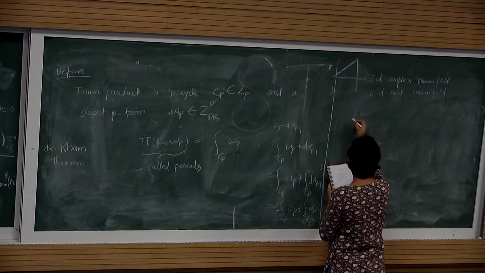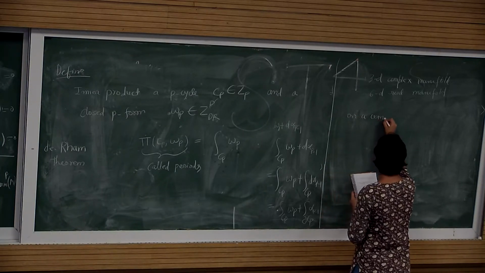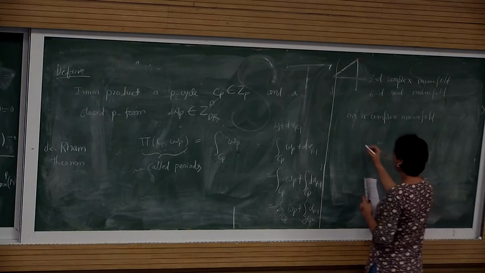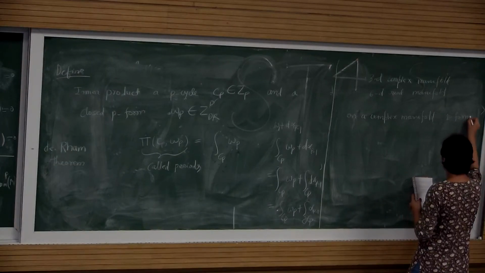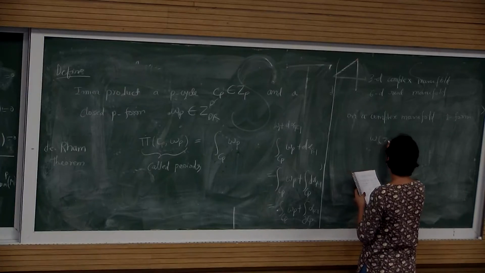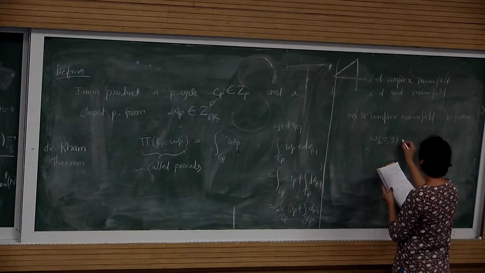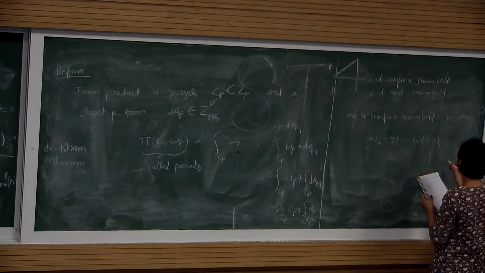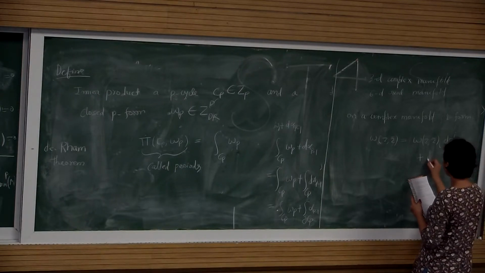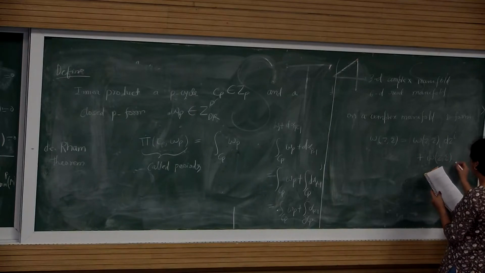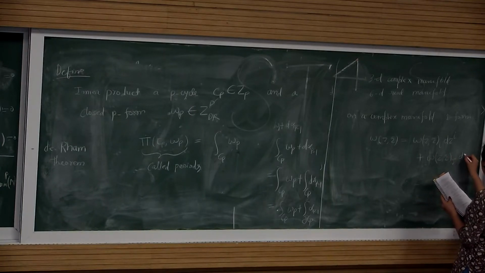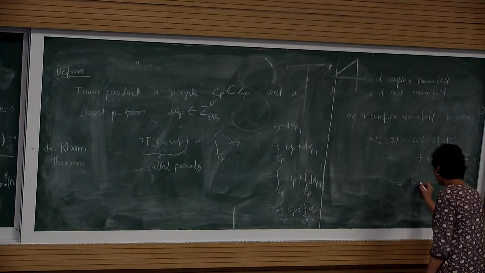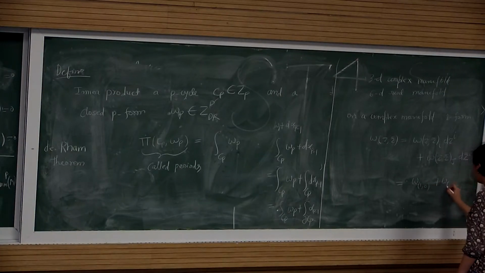So on a complex manifold, a one form omega can be written as omega with component i, dz i, plus omega with component j bar, d z bar j bar, and I will denote these two as omega 1,0 plus omega 0,1.